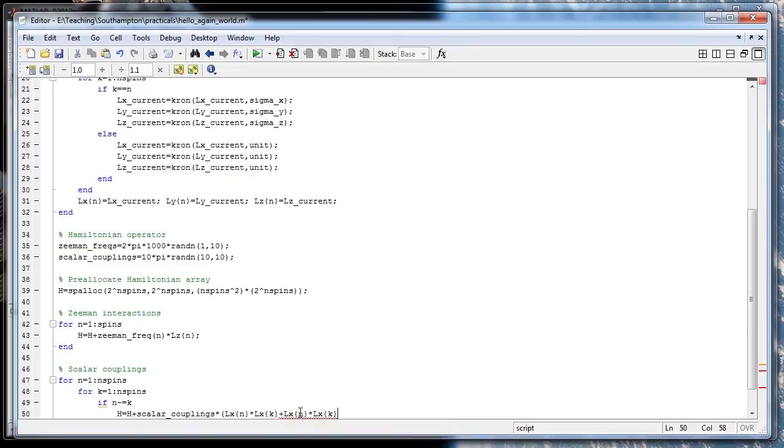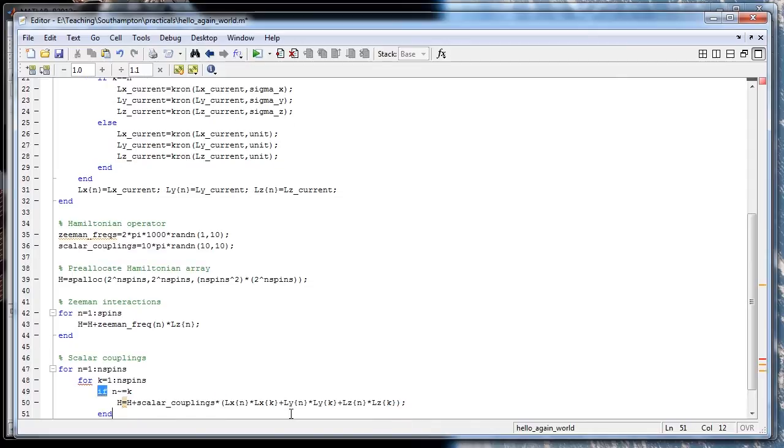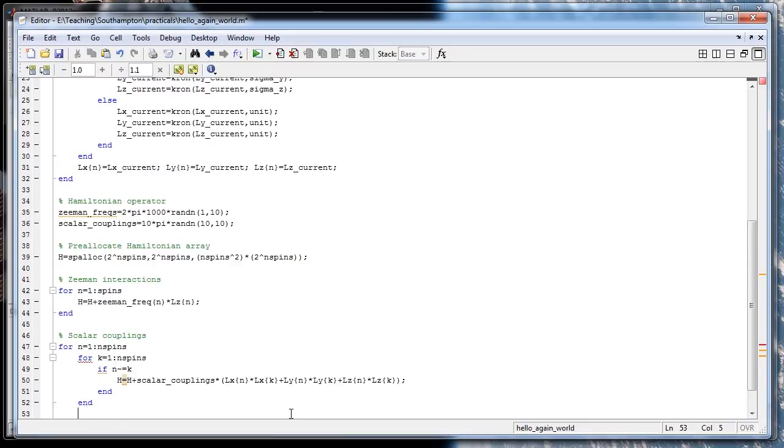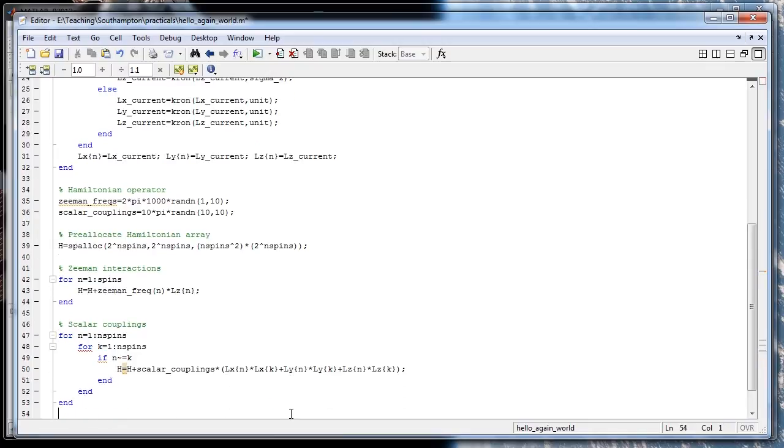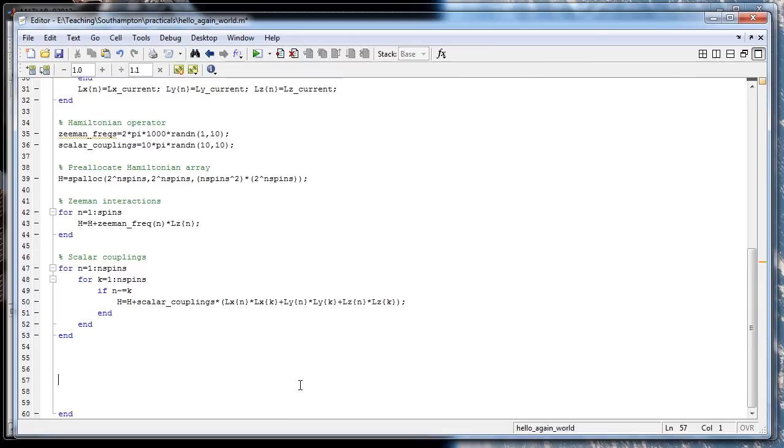So copy, paste, paste. So there's y here and y here, and then z here and z here. And you can see if we didn't have them as sparse matrices, this would have been quite a lot of sparse matrix multiplications. And that would build our Hamiltonian.